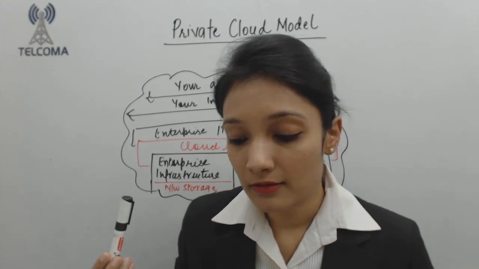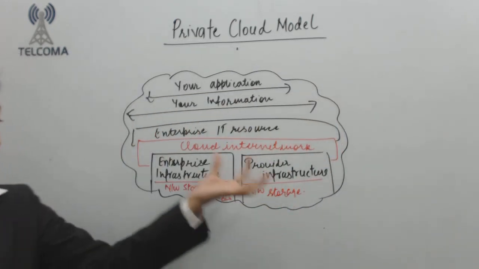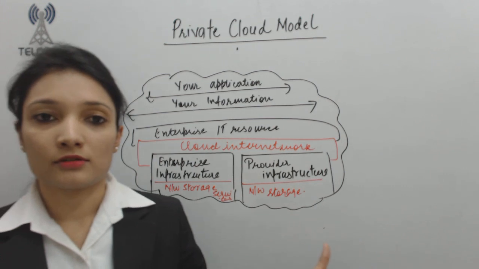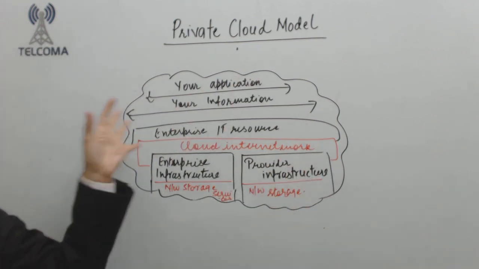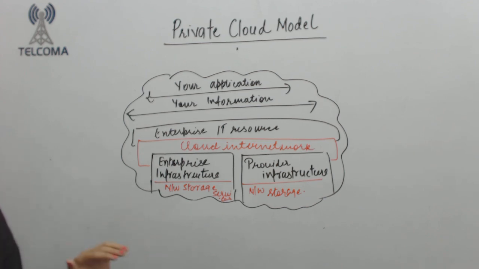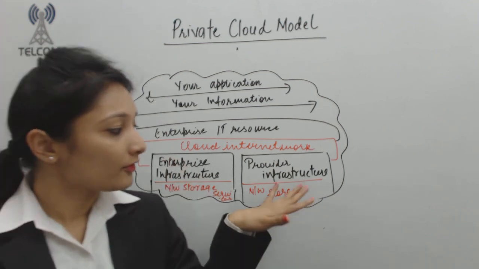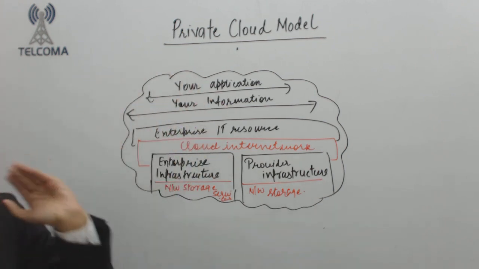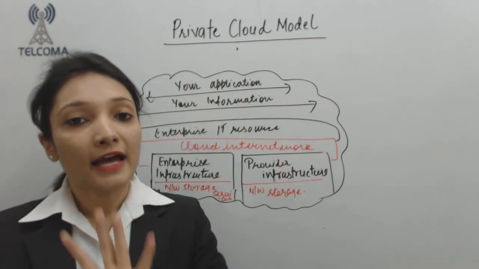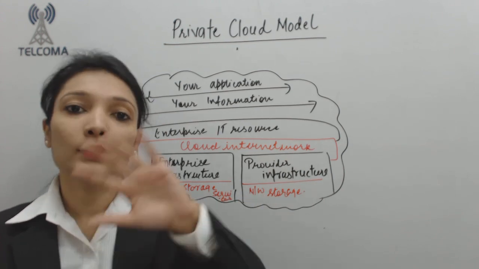Then you have your applications. For that you have the enterprise and the provider infrastructure that provides the private cloud services to that particular organization. If a financial organization deploys a private cloud model, it will have its own infrastructure, and the applications and the information are within that particular cloud, within that particular organization.